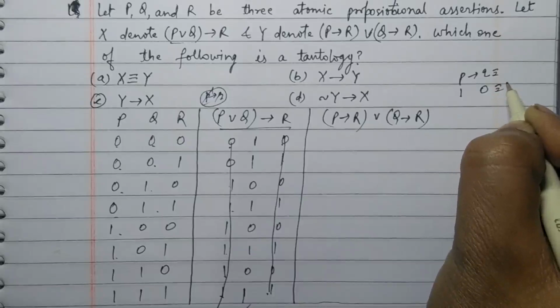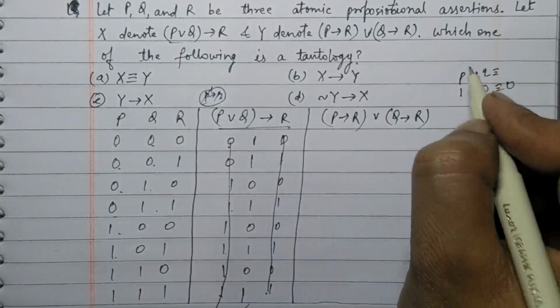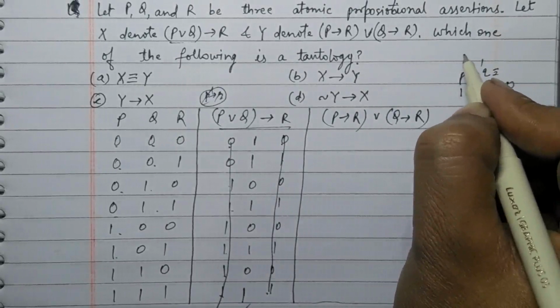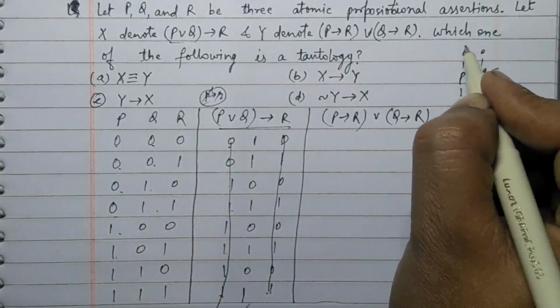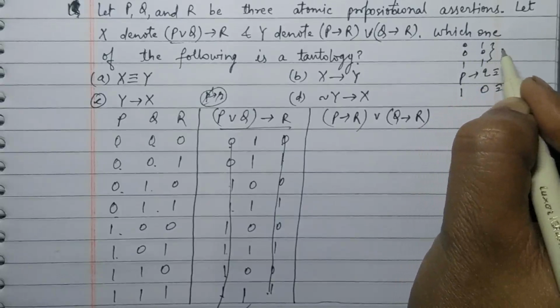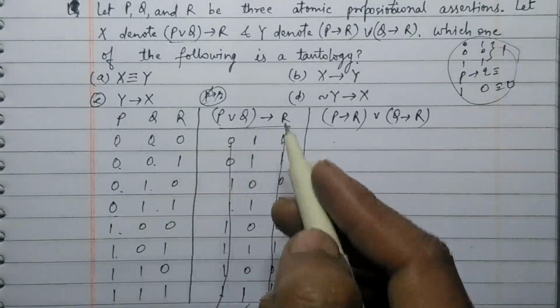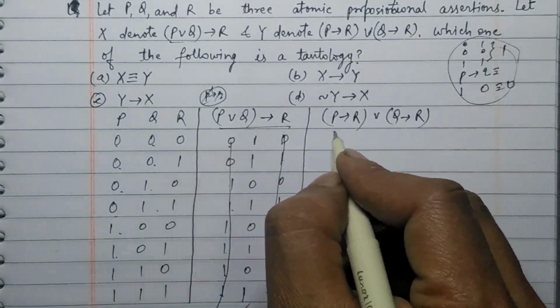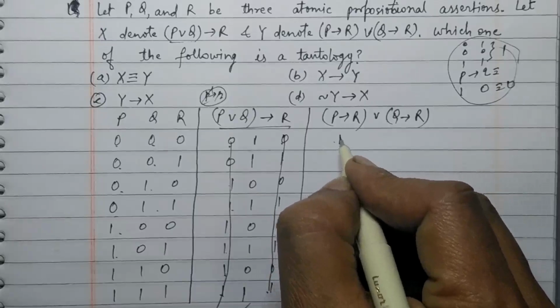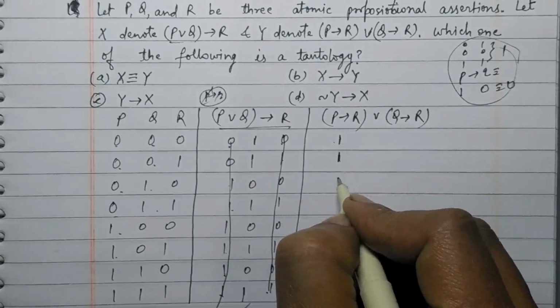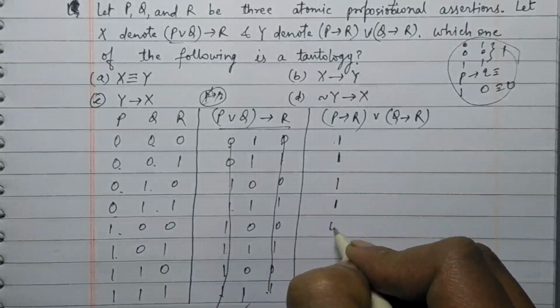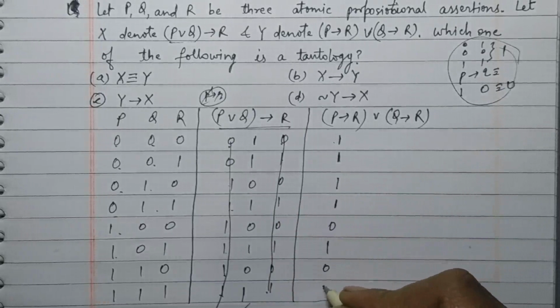For the other three combinations, 1, 1, 0, 0, 0, 1, it is 1. So we will use this concept here also. So P implies R is 1, 1, 1, 1, 0, 1, 0, 1.